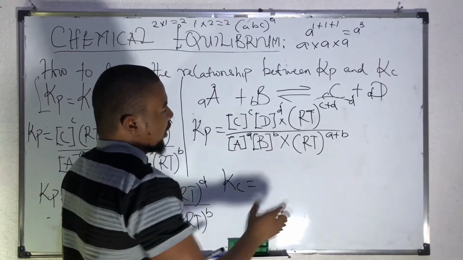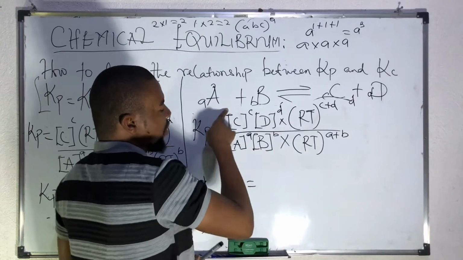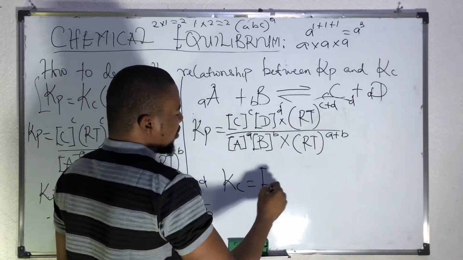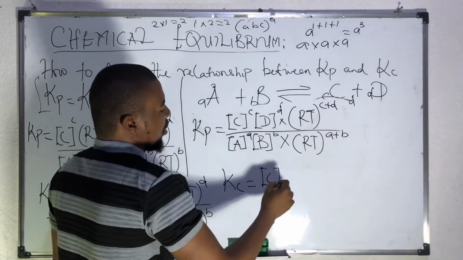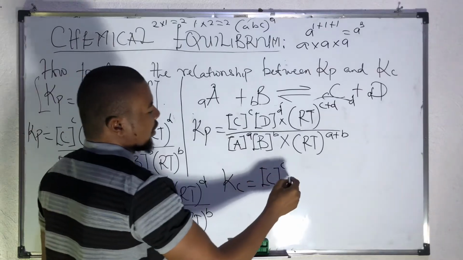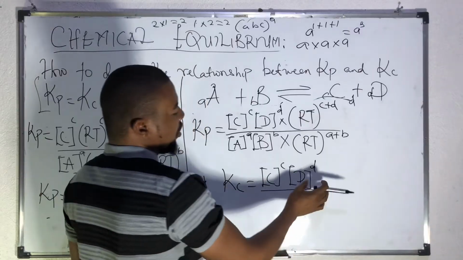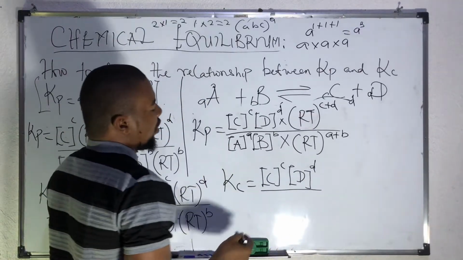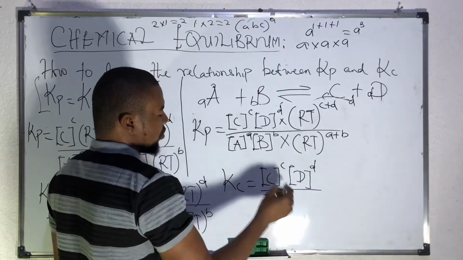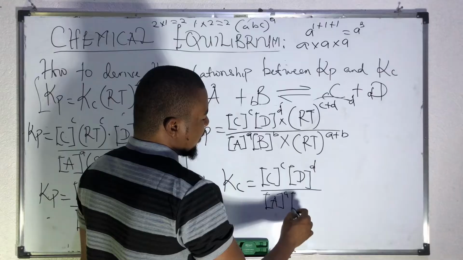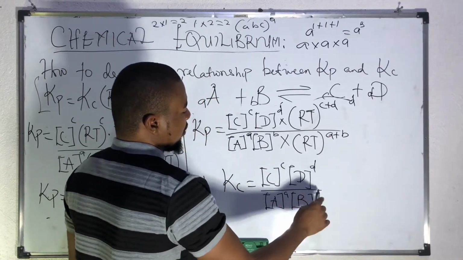Let me show you what I mean. These are the reactants, and here you have the products. It's always product over reactant, right? So it's the concentration of C, which is the product, raised to its stoichiometric coefficient, multiplied by the concentration of D raised to its stoichiometric coefficient. And now let's go to the reactants. We have the concentration of A raised to the power of A, and lastly, the concentration of B raised to the power of B.